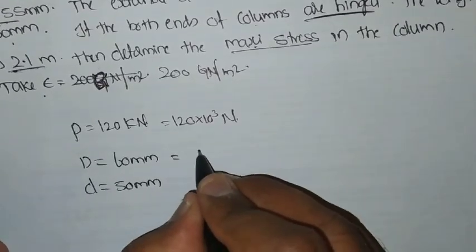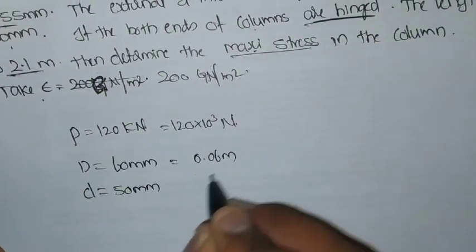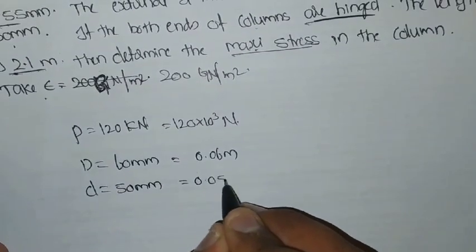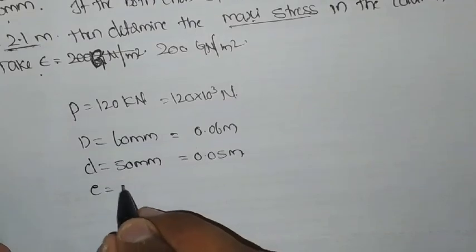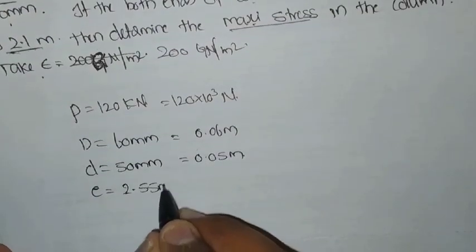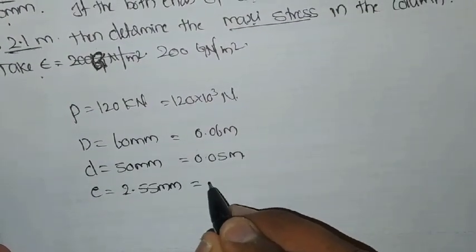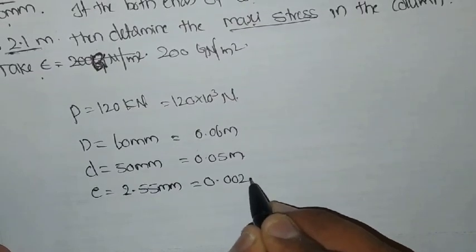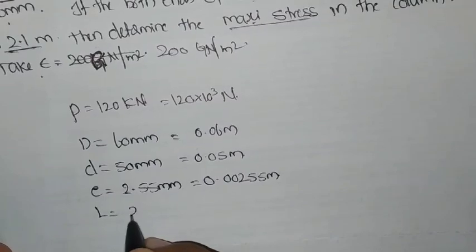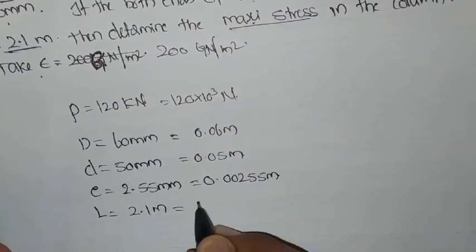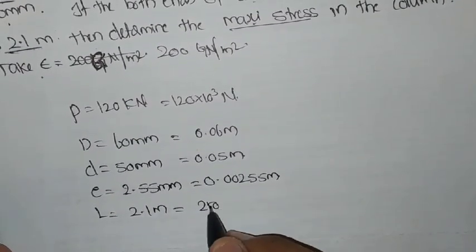In meters, it will become 0.06 meters and 0.05 meters. The eccentricity e is given as 2.5 mm, which in meters becomes 0.0025 meters. And the length he has given as 2.1 meters.